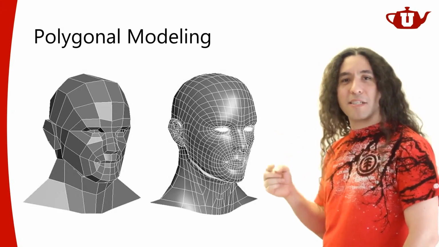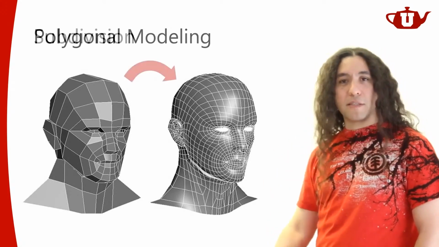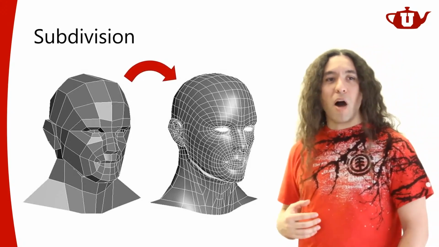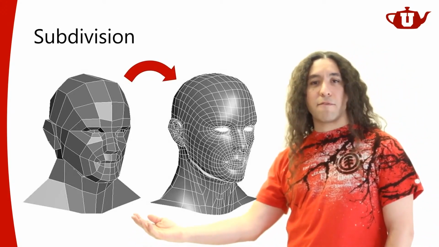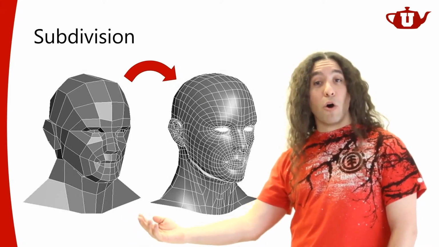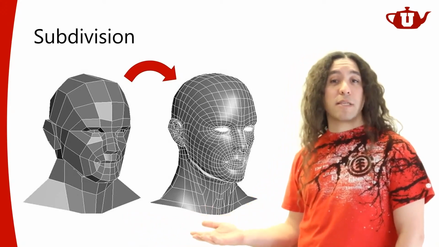And that brings us to the concept of subdivision. So subdivision is the process where we get a low-resolution mesh, and from that low-resolution mesh, we automatically generate a higher-resolution mesh.